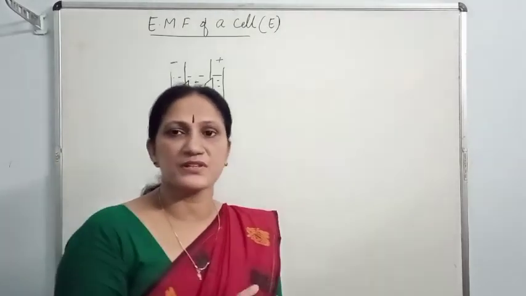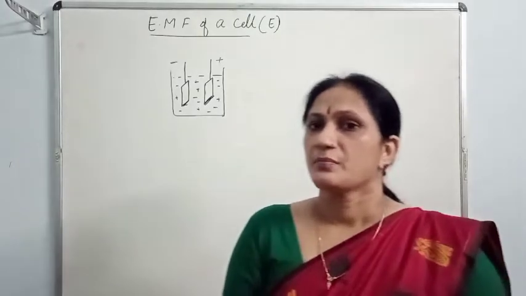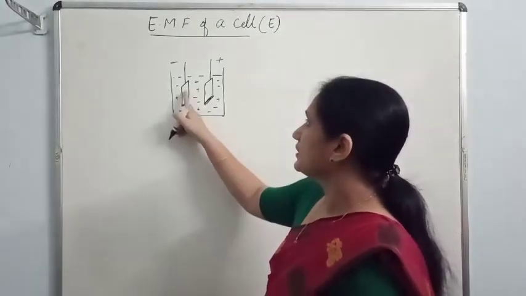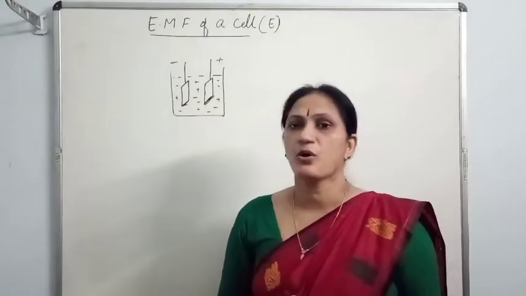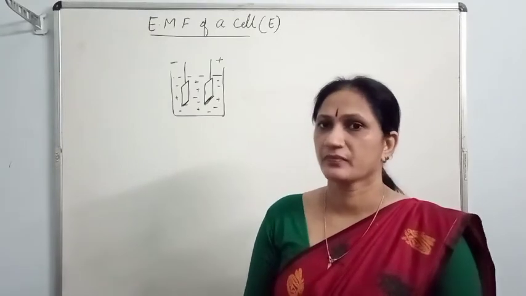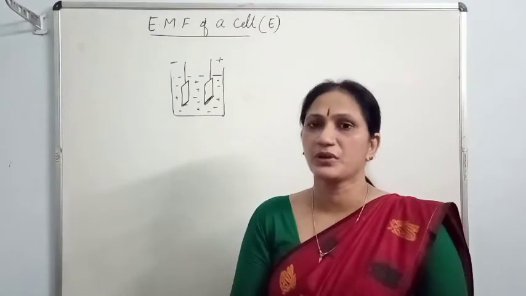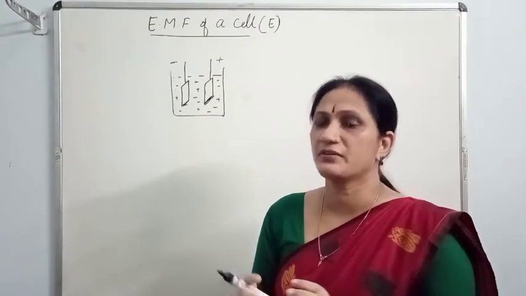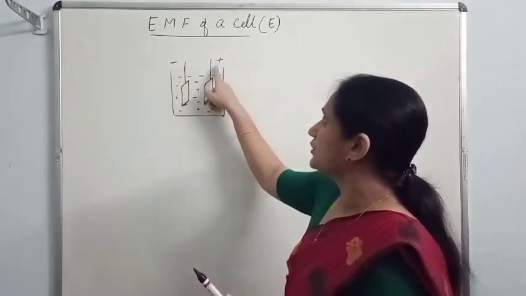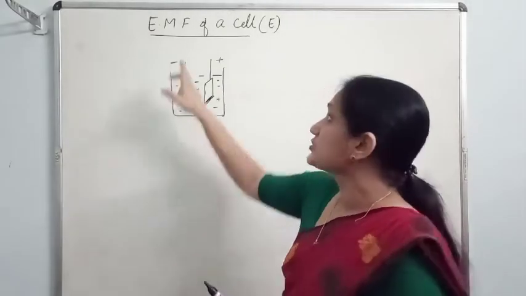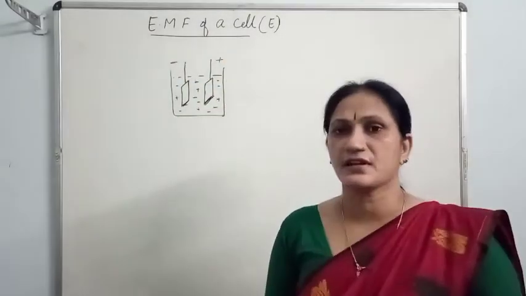When a body loses electrons, it gets positive charge. So here the two electrodes are getting oppositely charged. Means a potential difference will be created between the two electrodes. That potential difference between the two electrodes of a cell is known as EMF of a cell.